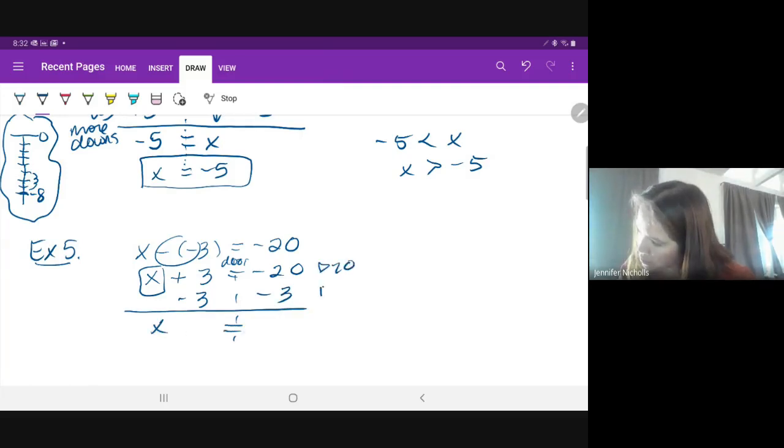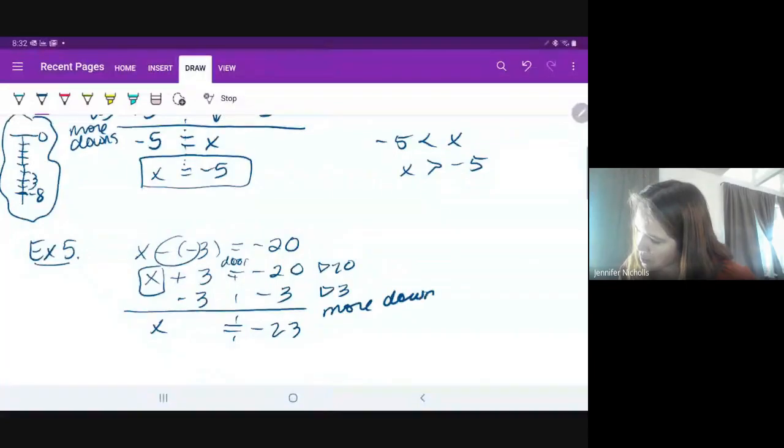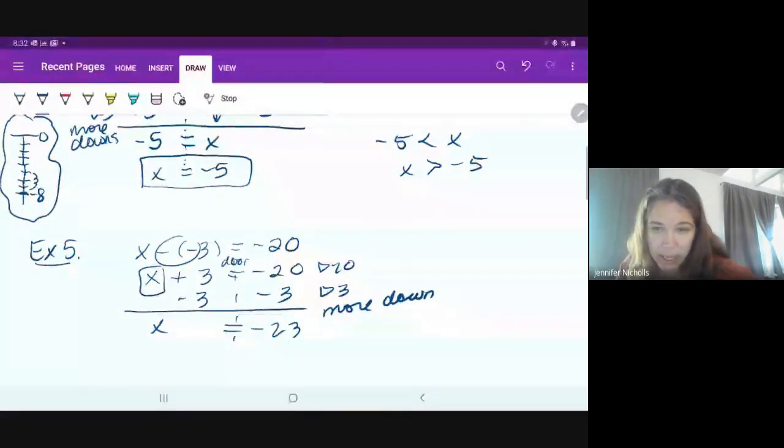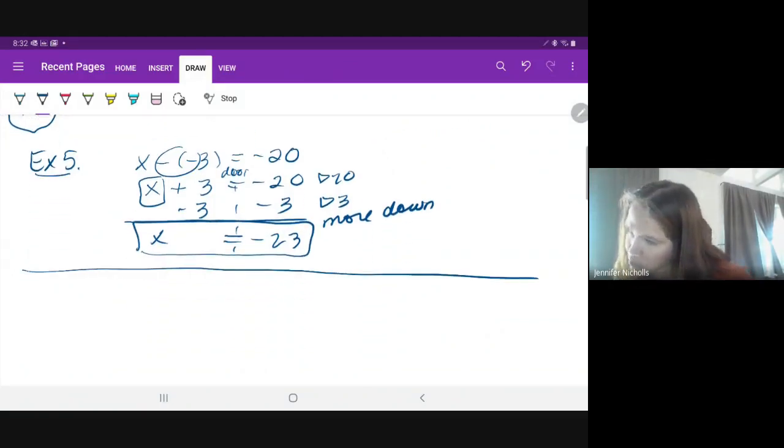Down 20, down 3? What's down 20, down 3? Down 23, exactly, down 23. So this is more down, and then more down would still be down. We'll practice the negatives before there's a test or a quiz. Now that was for numbers 5 through 14.